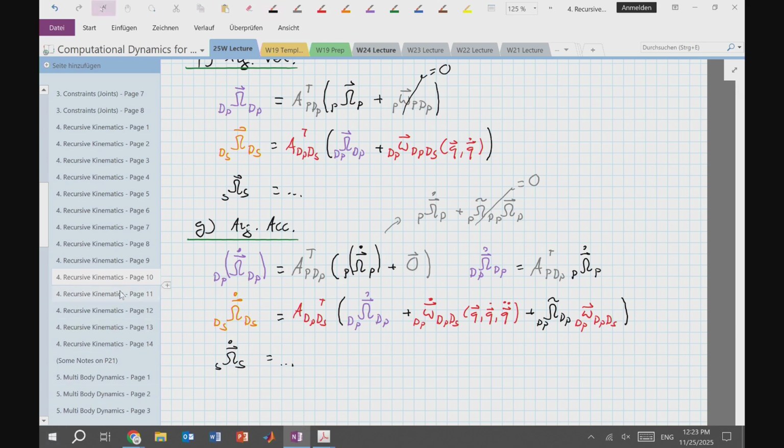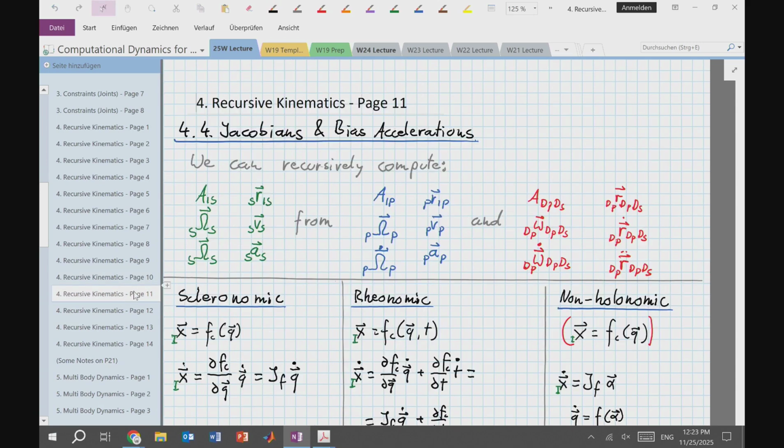Quick questions? No. So, in summary, if we know what's happening with the predecessor in terms of positions, orientations, velocities, accelerations, we can compute the same quantities in a successor, knowing what's going on at joint level in terms of numerical derivatives in the joint.